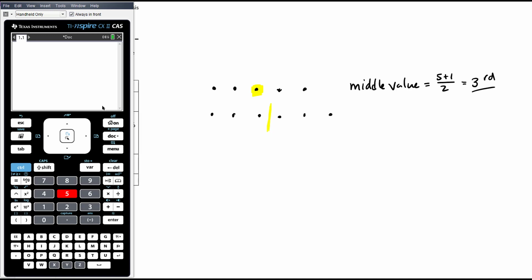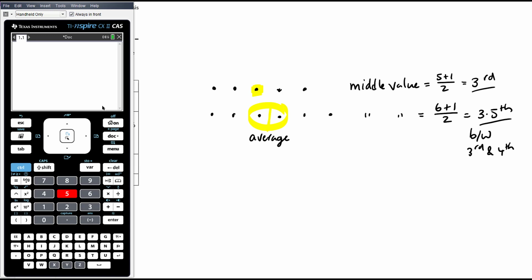Here, where we've got 6 bits of data, the middle value is the 3.5 value. Okay, so that's telling you that it's between the third and the fourth. And when it's between the third and the fourth, we take the third and the fourth and we average them, which means that we add them together and we divide by 2. Okay, and that becomes your median value.